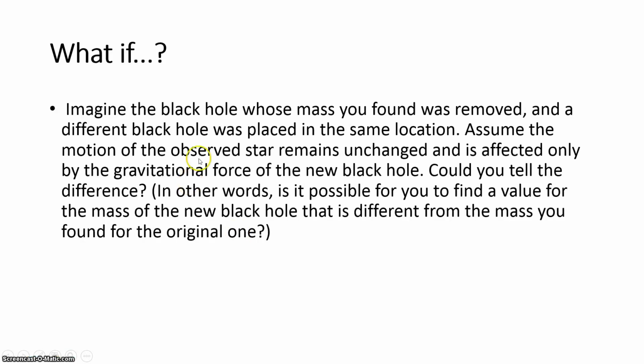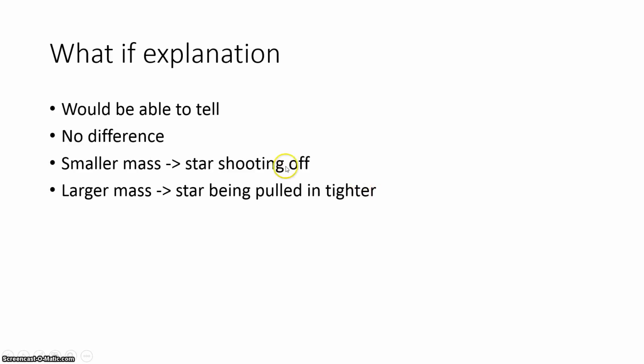Now we need to answer the what if question. So if the mass was changed, would we be able to tell a difference? And we would be able to tell a difference because we're given everything else. The only unknown we're really solving for is mass. So we can account for the change in mass there. But in this case, there is no difference.